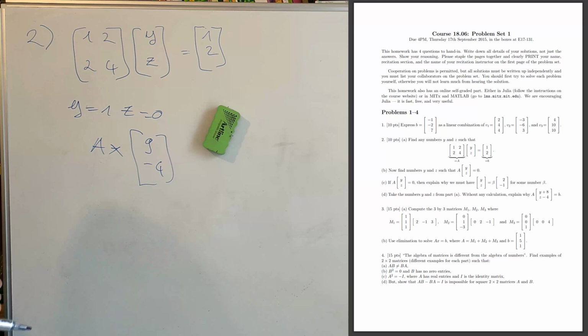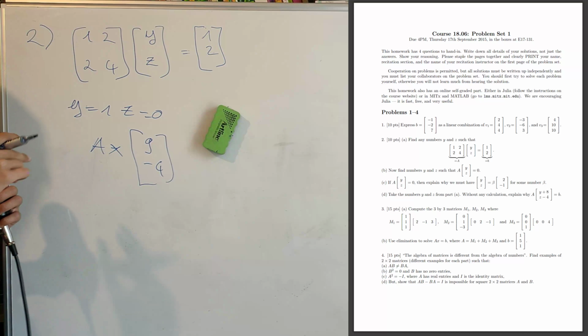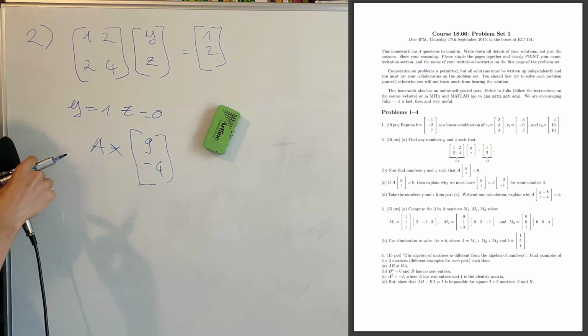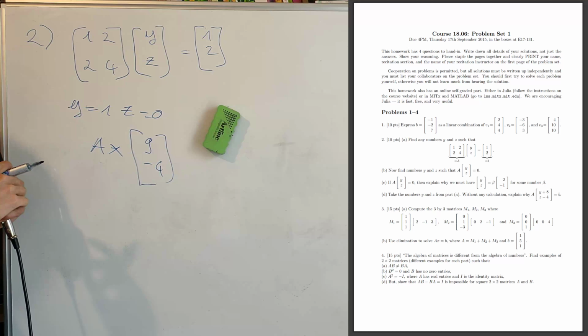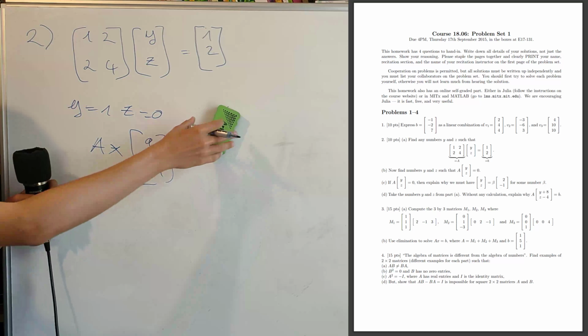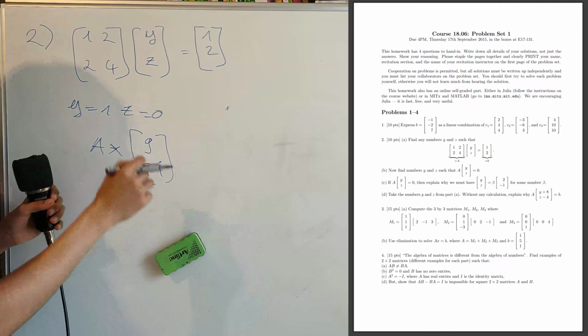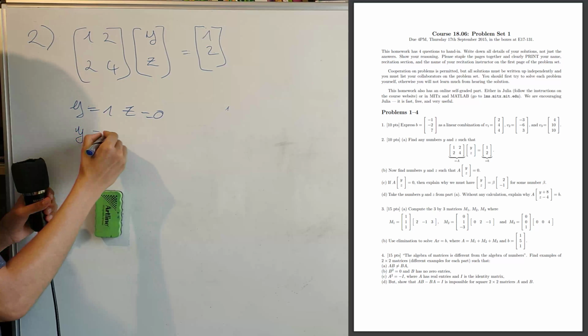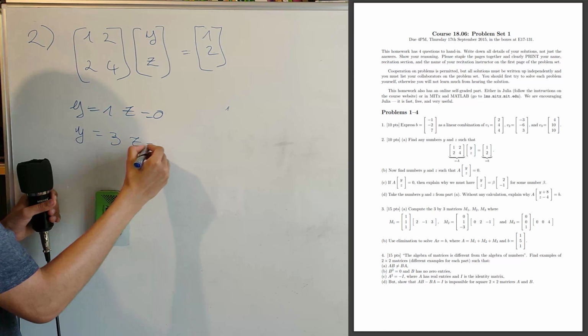Let's see. If we do it like times 3, minus 1. So y equals 3, z equals minus 1. You see why it equals minus 1?